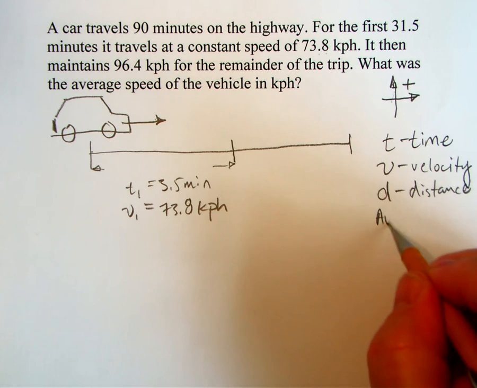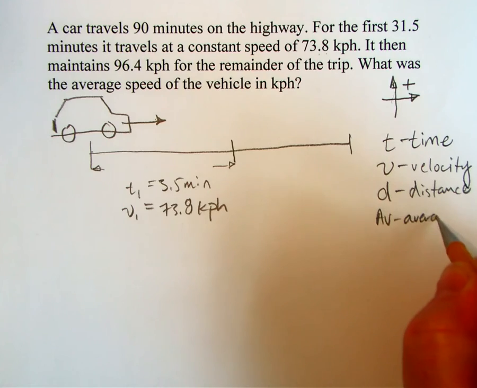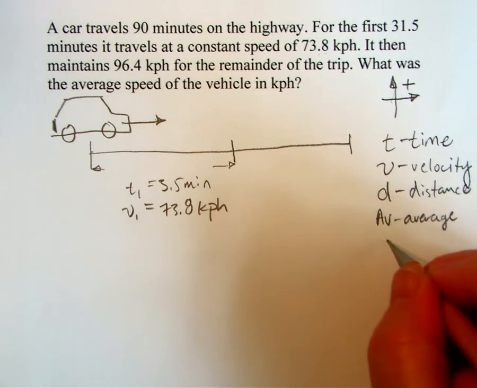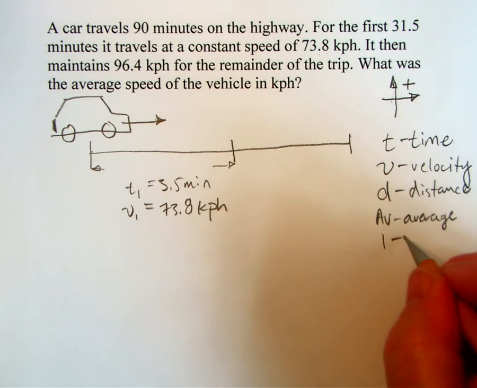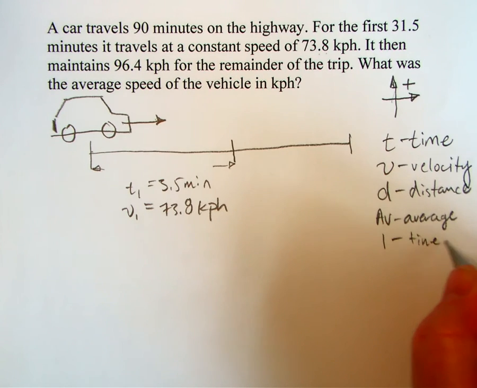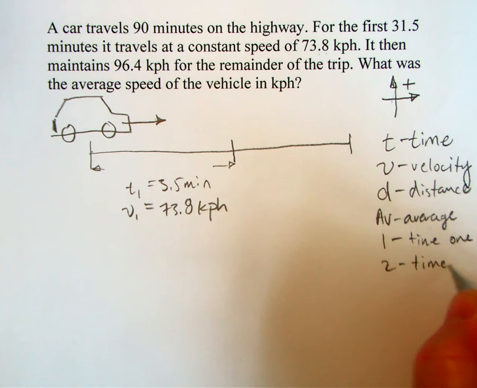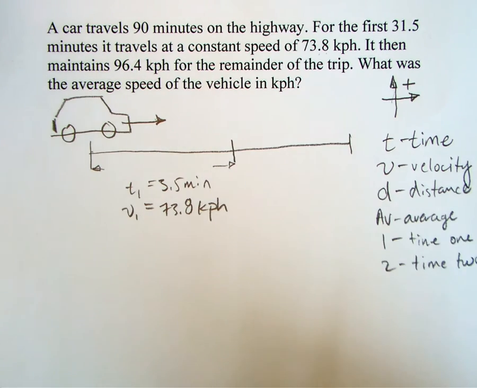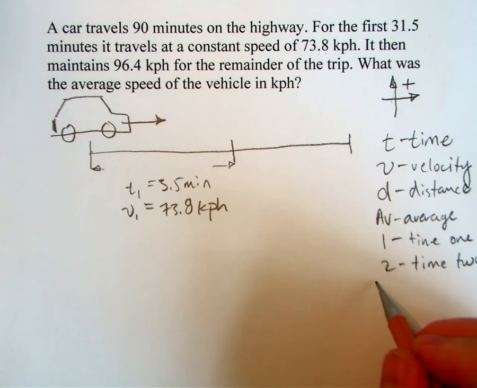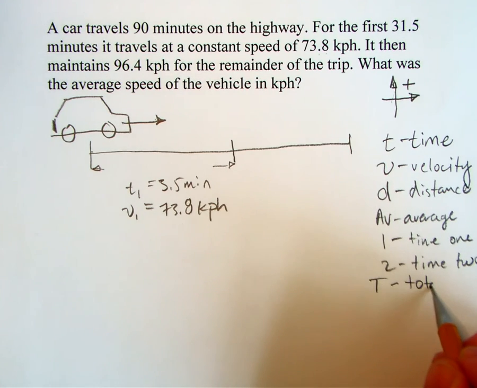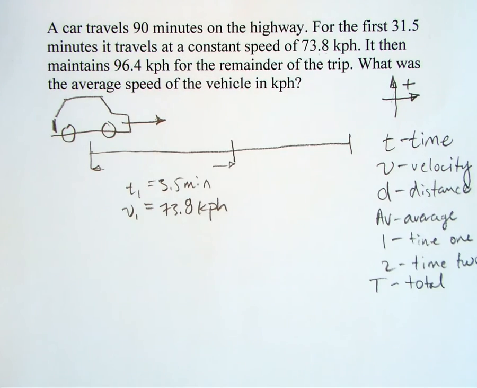We should put AV for average because it's asking for that. And then we could put 1 for time period 1 and 2 for time 2. And one other thing I want to put in here is a capital T, and we're going to call that total. You'll see why we're going to do that in a little while.